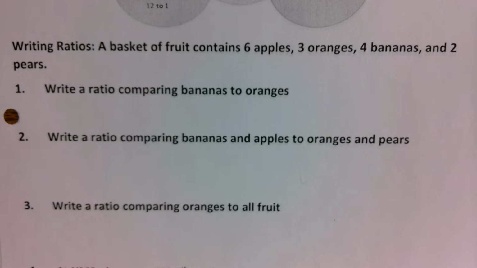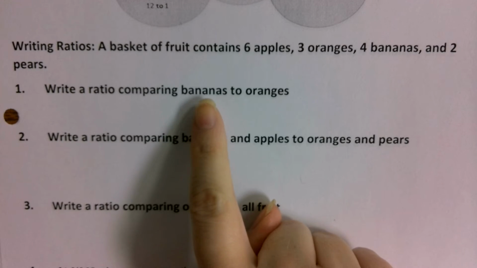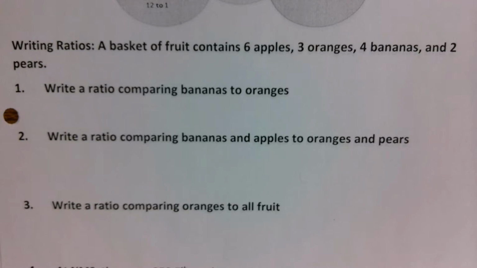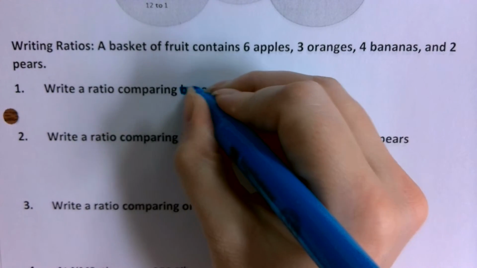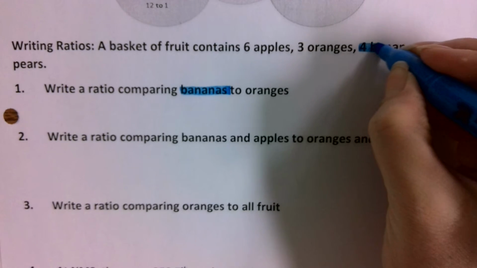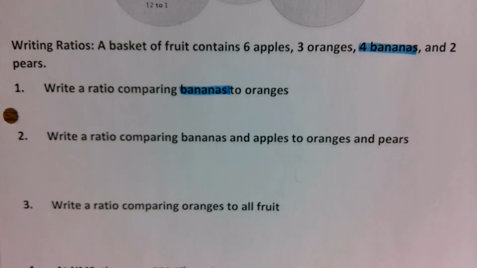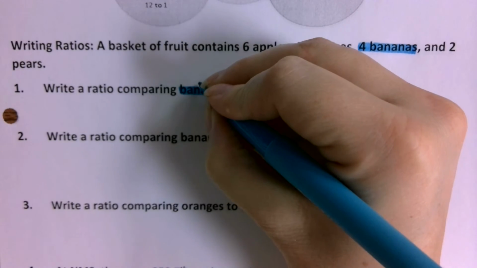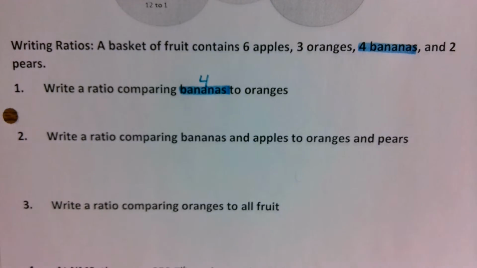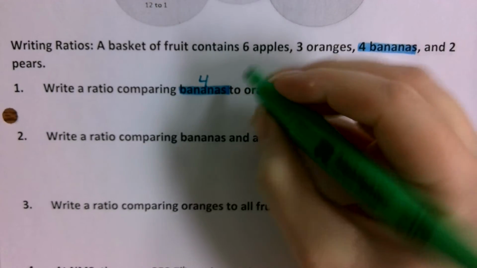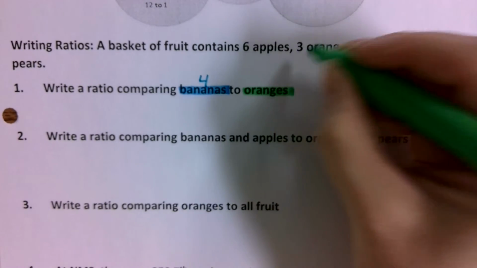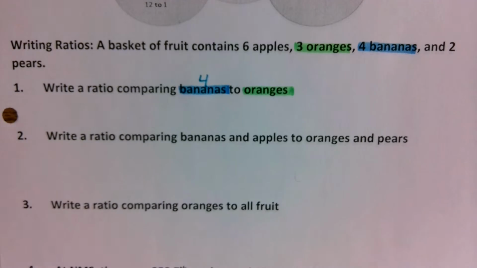So for here, we're going to identify how many bananas belong in the group. So how many bananas are there? 4, right? If we look back up at the problem, it says that there are 4 bananas. So I'm going to identify this as a 4. And then how many oranges are there? 3, right? There are 3 oranges.